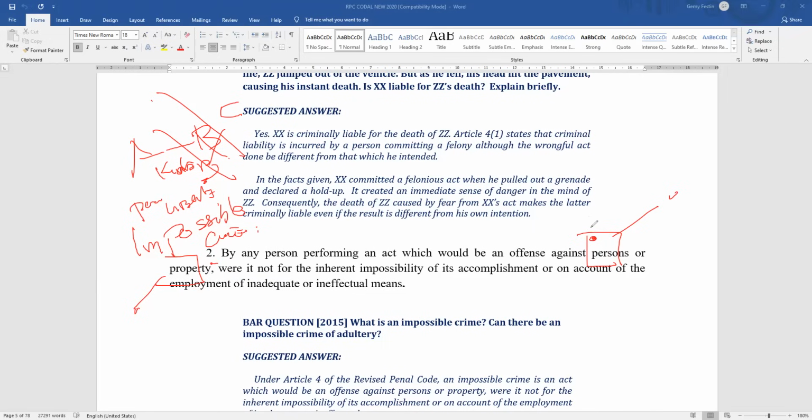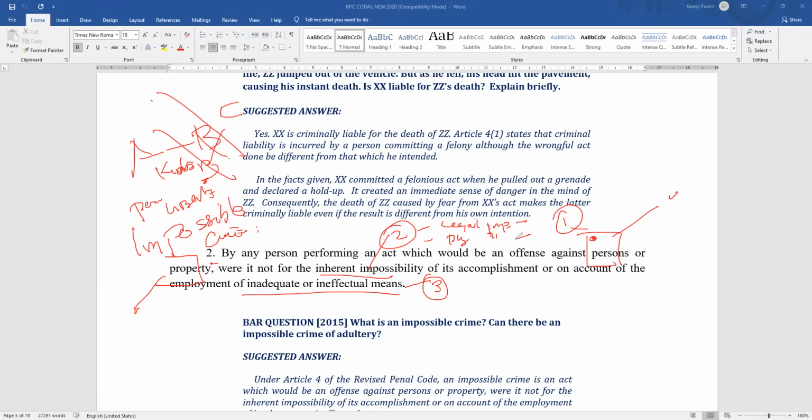What else? Against persons or property, what other requisites? There is inherent impossibility of its accomplishment, or on account of employment of inadequate or ineffectual means. When you talk about inherent impossibility, there are two kinds: legal impossibility as well as physical impossibility.